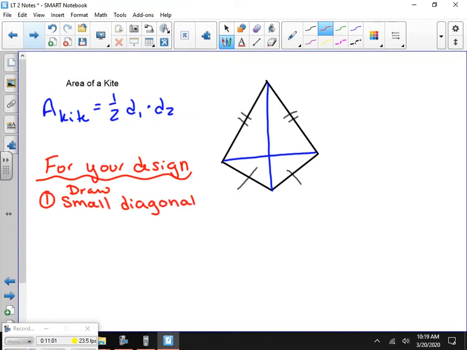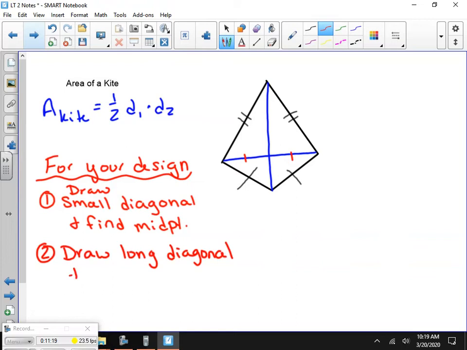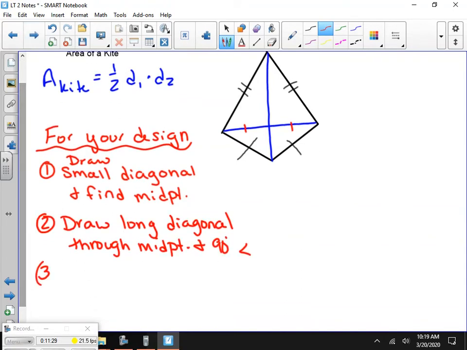So you have to find the midpoint, and then you're going to draw the other diagonal. So draw a long diagonal through the midpoint. And 90-degree angle. Okay, and then after that, you'll just connect the ends of the diagonals. And you'll have a kite.